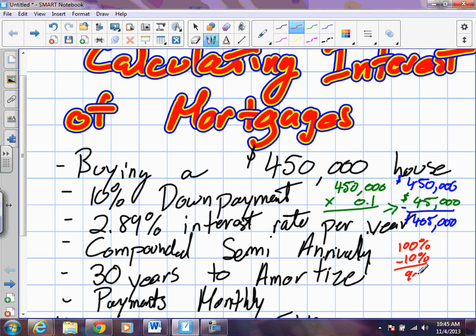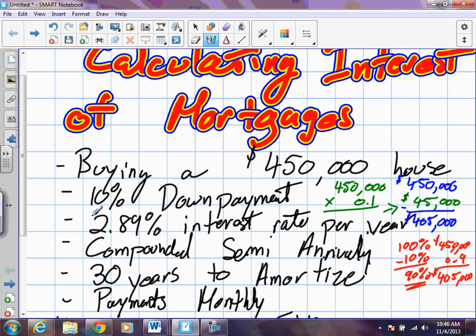So, in other words, our mortgage is for 90%. I want you all in your calculators to multiply 450,000 times 90%, which is 0.9. And tell me what you get. 405,000.